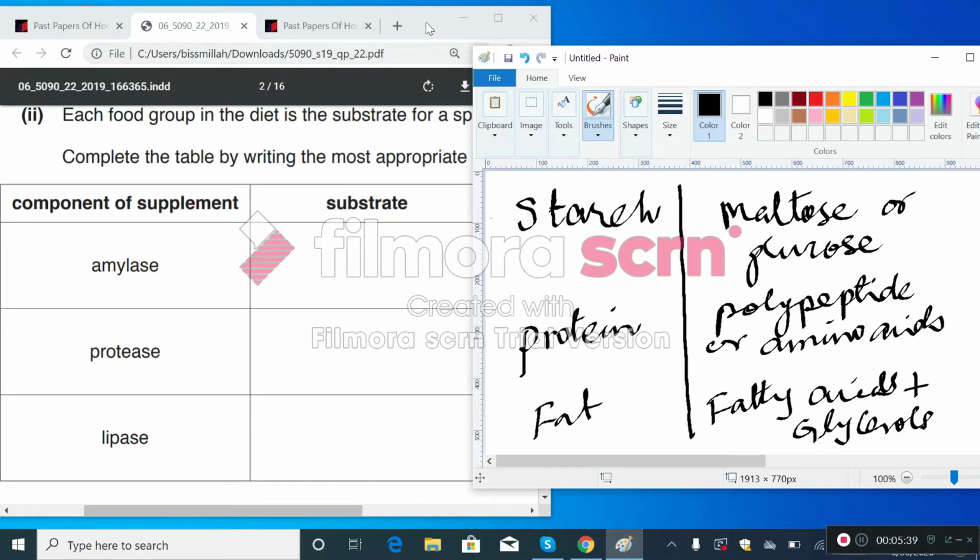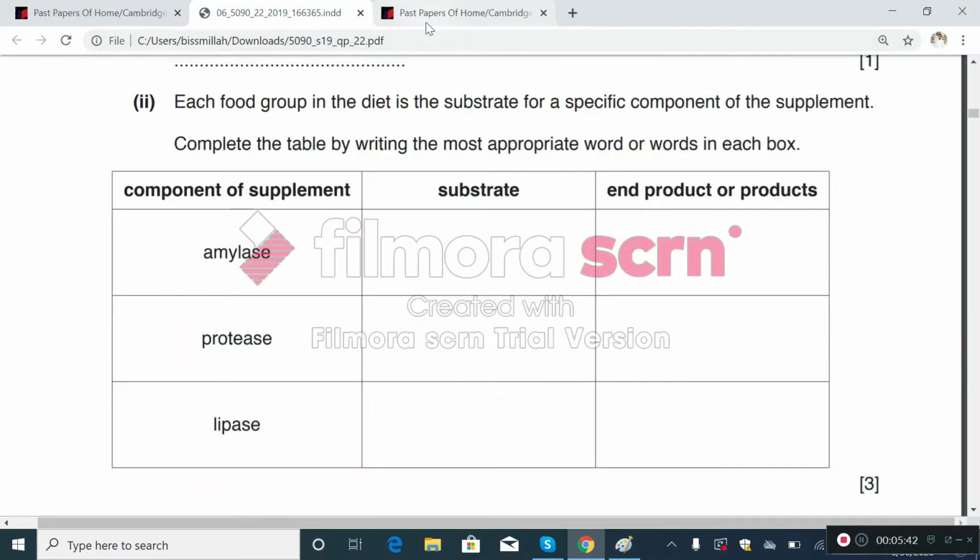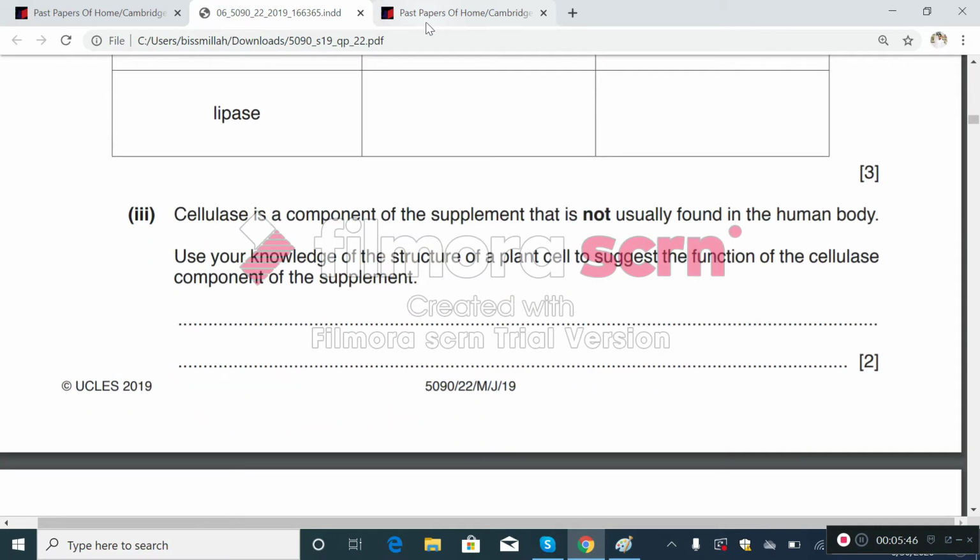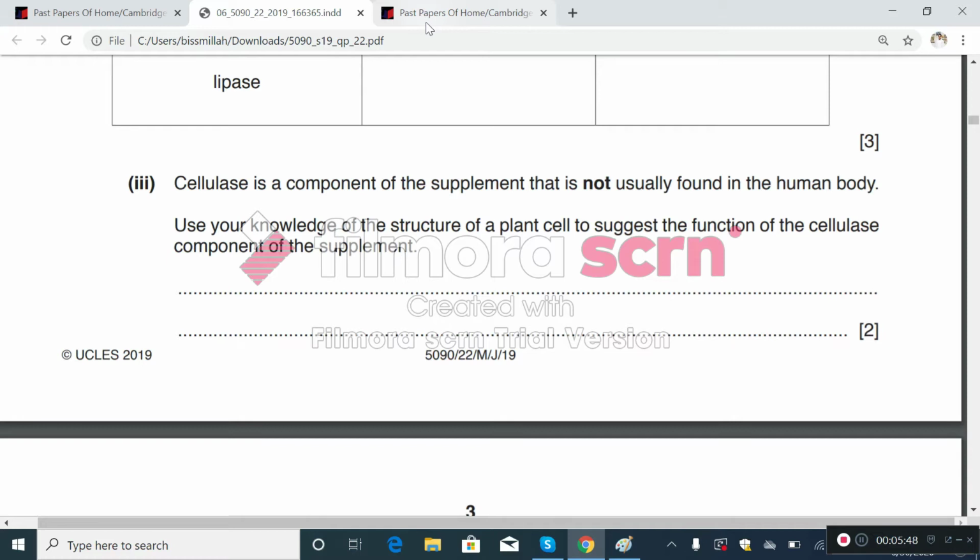Okay, now move to the next question. Next question is, cellulase is a component of the supplement that is not usually found in the human body. Use your knowledge of the structure of a plant cell to suggest the function of the cellulase component of the supplement.